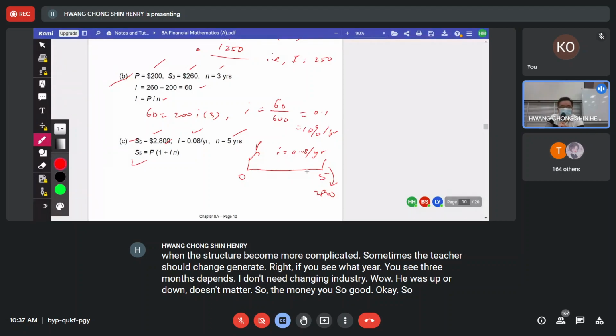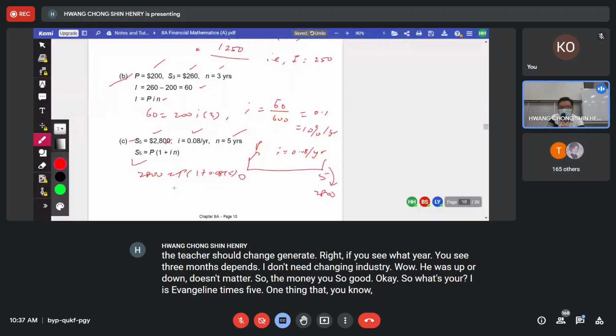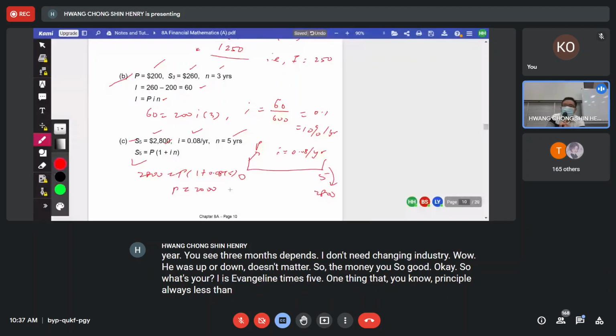Okay, so what is your P here? I is 0.08 times 5. How much? 2,000. One thing you have to note. Principal is always less than final amount, correct? Because your final amount is principal plus dividend.